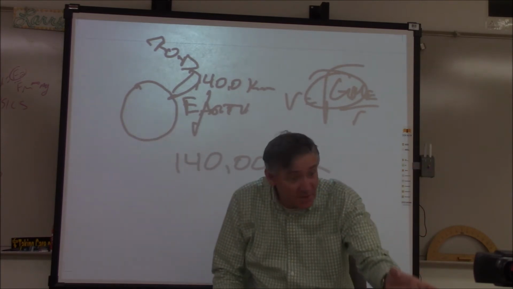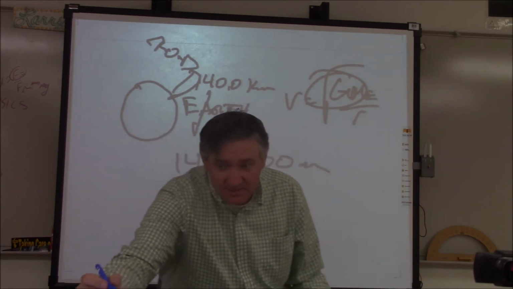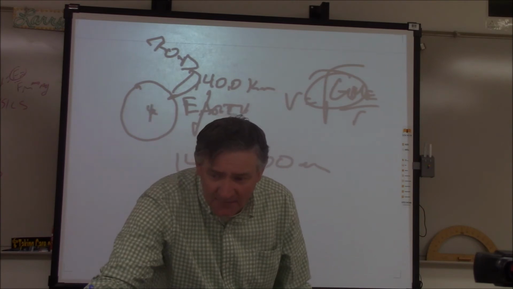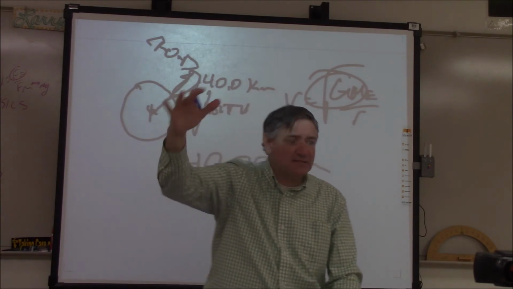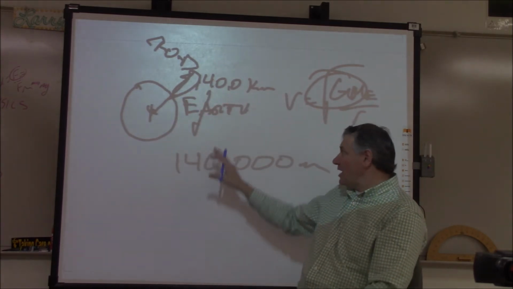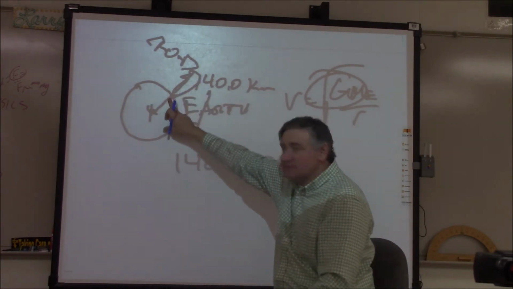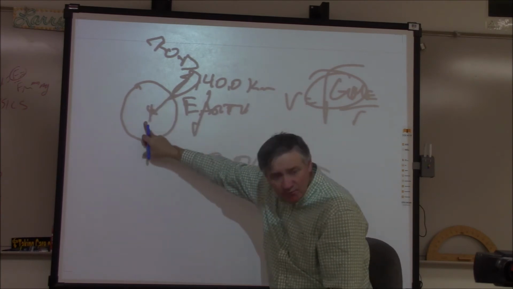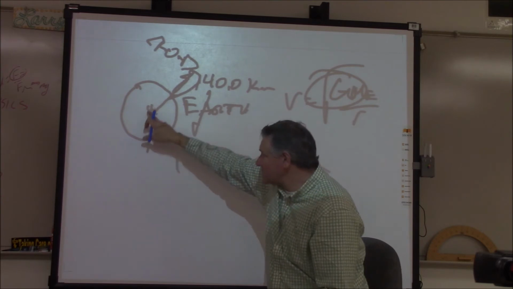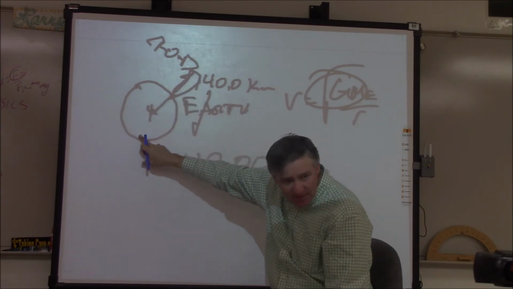Yeah, the radius of the Earth, right? Because here's the Earth, so we have to have the distance from the center of the Earth out to that satellite, okay? So the 140,000 is just this distance right here. We've got to add to that the radius of the Earth itself, because it has to be a center-to-center distance.